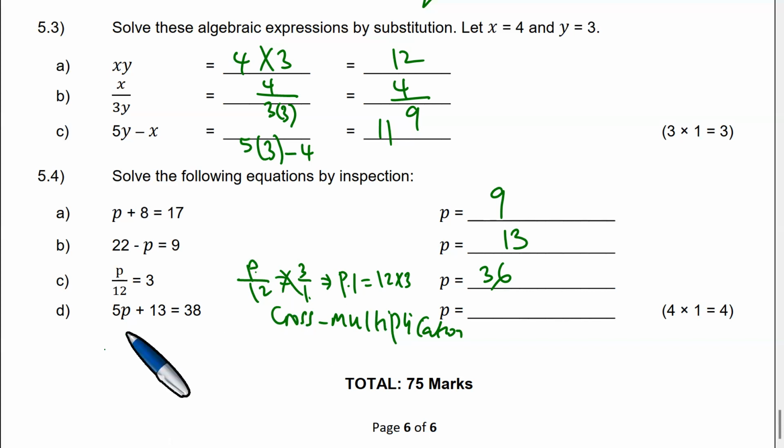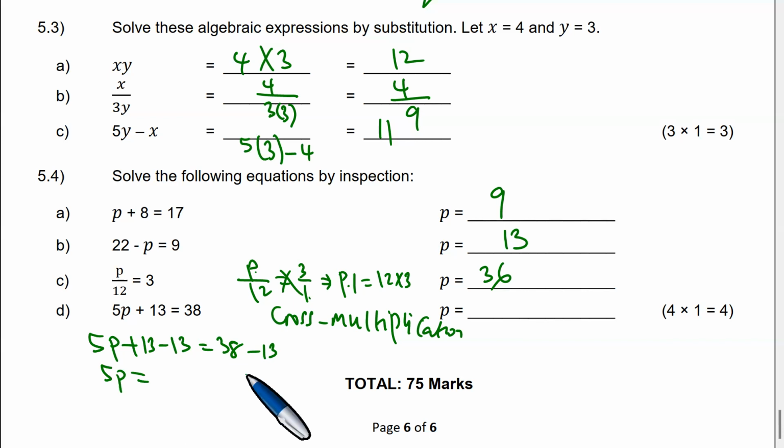Okay, to do this one, you need to say 5p plus 13, and then you must minus 13 from the left. You minus 13 because you want to remove 13. So you minus 13 from both sides. What is 38 minus 13? 25.